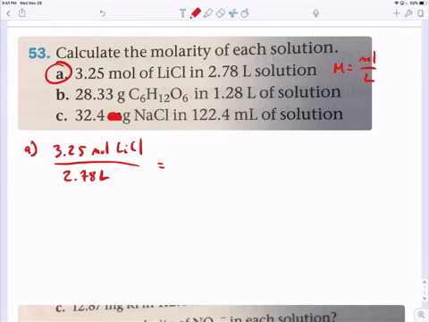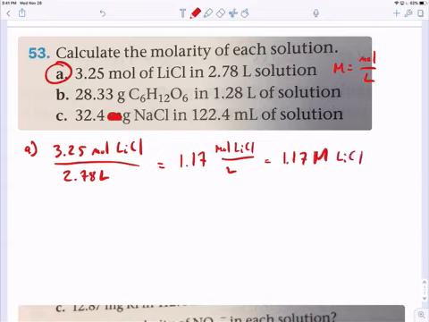So 3.25 divided by 2.78, 1.17 mole LiCl per liter, which is 1.17 molar. So moles per liter means the capital M molar.